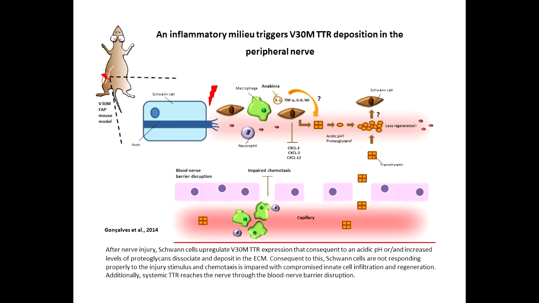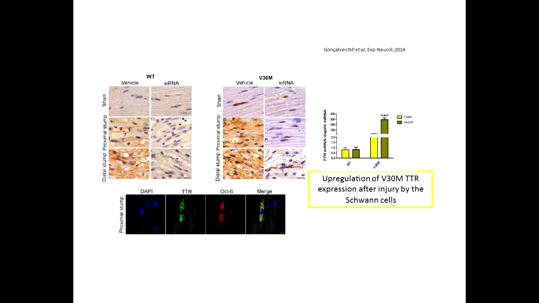If you do control mice, you have all these molecules, but in these mice you don't have this inflammatory response reacting the same way. So you have a lot of aggregates that are impairing the chemotaxis that we should observe.